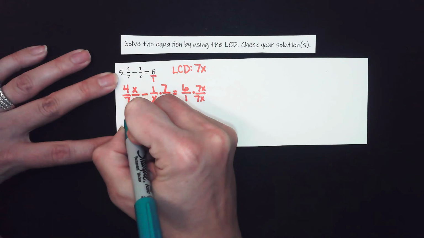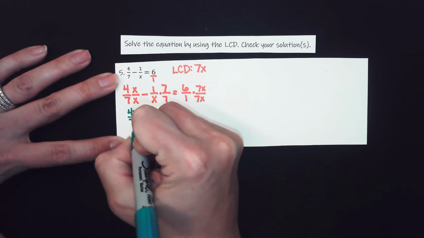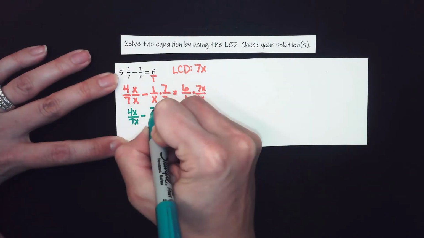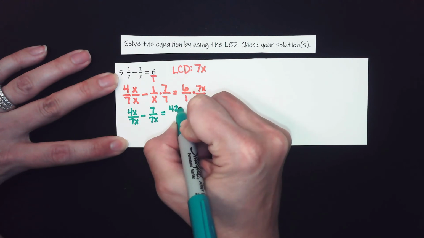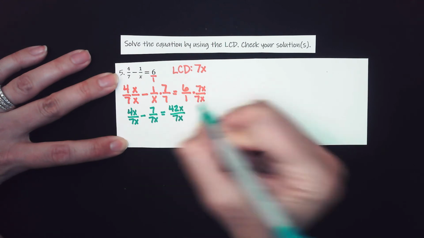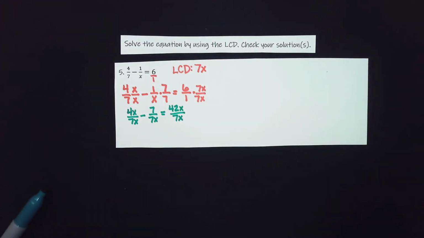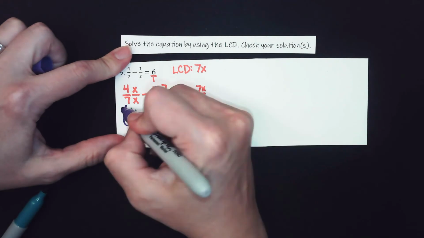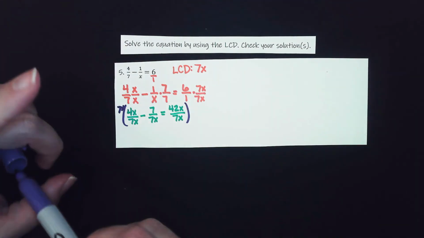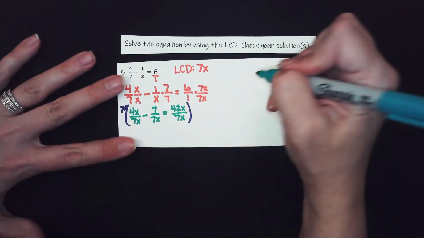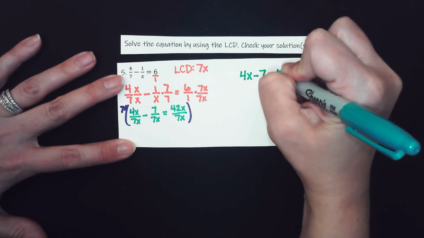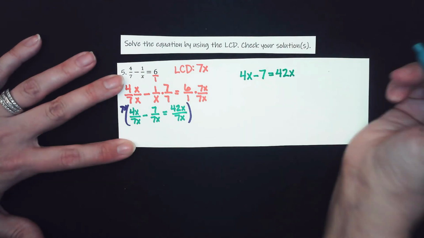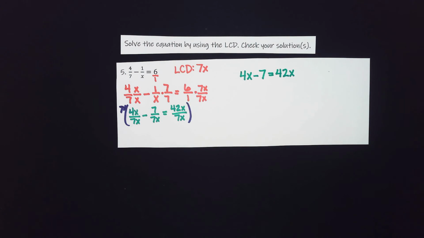So this one becomes 4x over 7x minus 7 over 7x equals 42x over 7x. Okay? Now here's where I said we can just multiply everything by 7x and all of our denominators go away. So we end up with 4x minus 7 equals 42x. And it's just a matter now of solving for x.